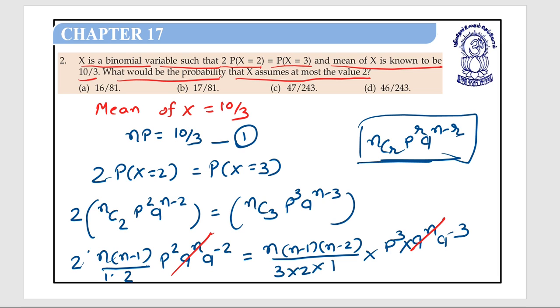Q raised to n cancels, n minus 1 cancels, 2 cancels.